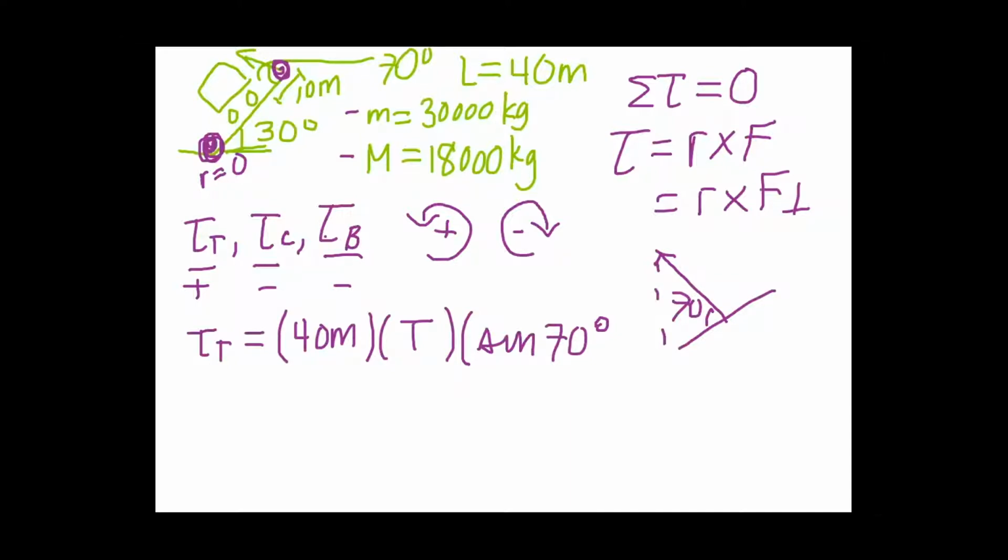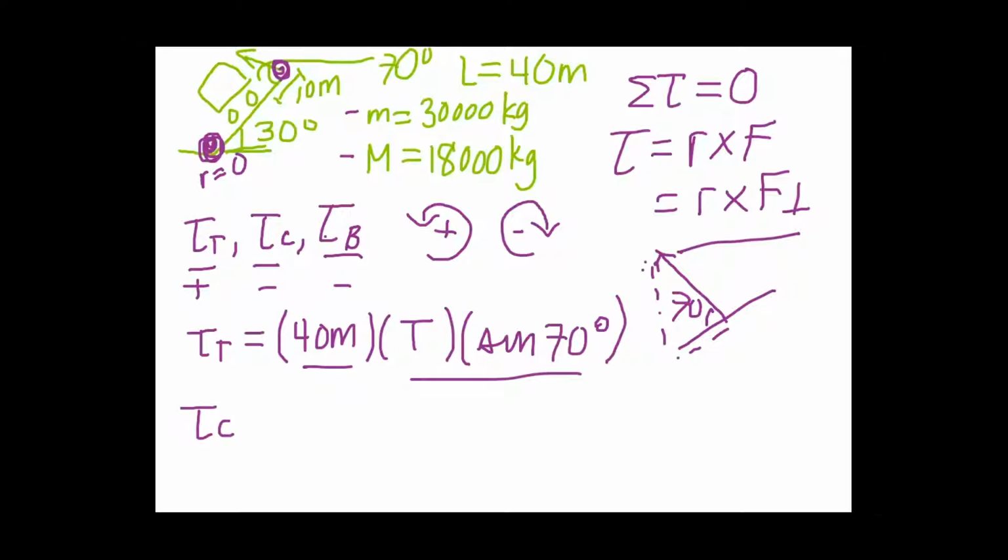So we have our x component and we have our y component. That y component is going to be the part that's perpendicular to the bridge, and that will be the sine of 70 degrees. So I have my radius and I have my perpendicular force, which, as I know, are my two aspects of my torque equation. So that gives me my answer for that. That's the torque due to the tension.